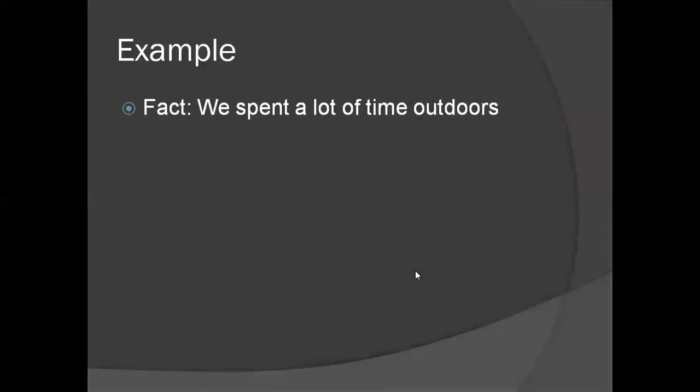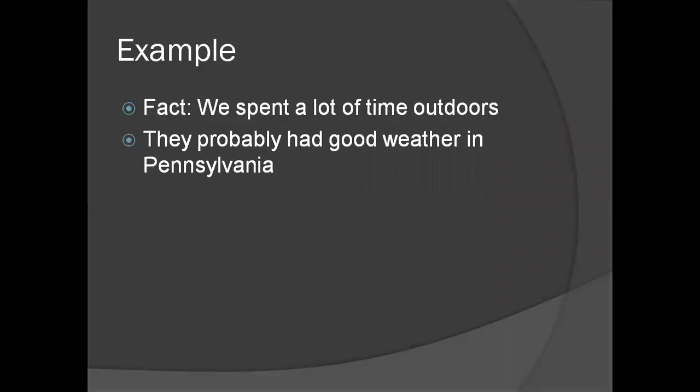Example: assume that there is some fact. We spent a lot of time outdoors. Now this is some fact, and you can talk about your guesses. Why did we spend a lot of time outdoors?